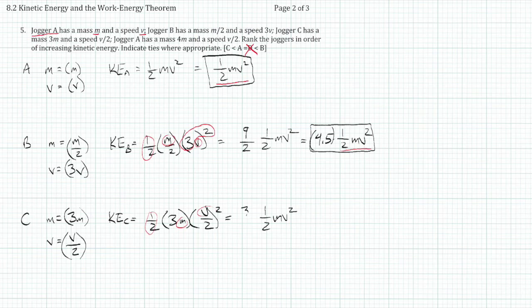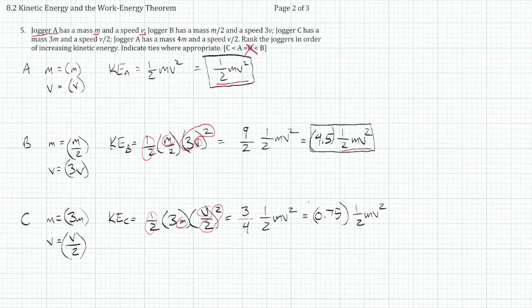So there's going to be a 3 right there. But look, we have down here in the denominator this 2 that's going to be squared. And so that's going to be a 4 that winds up in the denominator. 3/4 times 1/2 mv squared. So that simplifies down to 0.75, put that out front, times 1/2 mv squared.